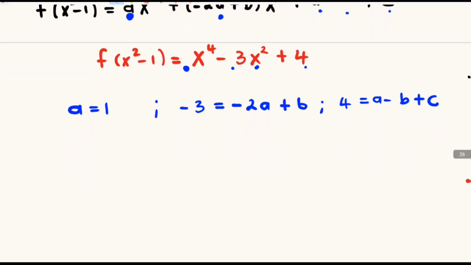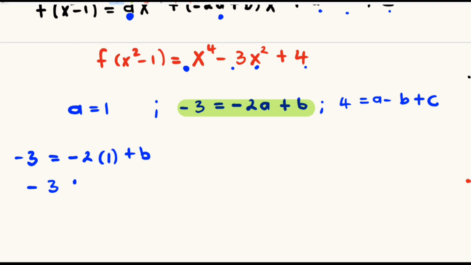Since we already have the value of a, we are going to use that equation to determine the value of b. We have negative 3 is equal to negative 2 multiplied by 1 plus b. So negative 3 plus 2 will be equal to b. So our b is equal to negative 1.